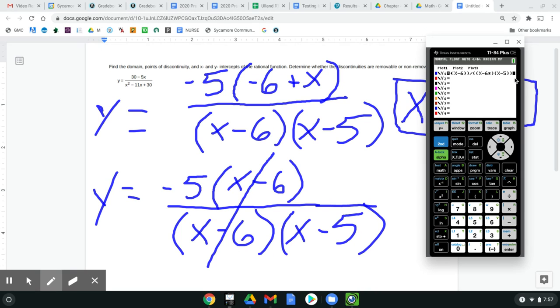Notice I have two sets of parentheses on the bottom and the top because I got to do the entire top divided by the entire bottom.